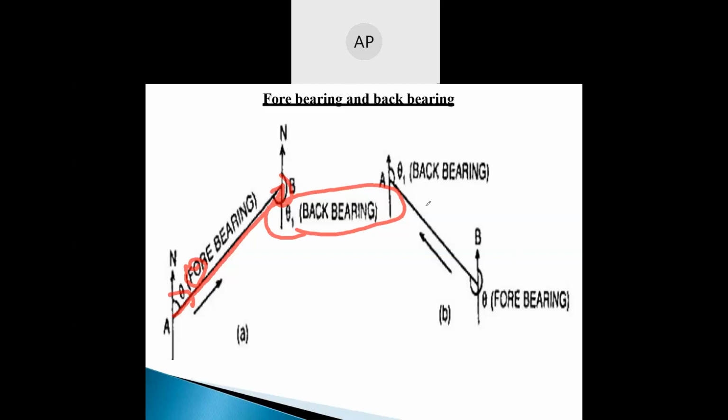Similarly, if you measure this angle in the opposite direction, B to A, then this angle will be your back bearing. And the other angle theta is called forebearing.